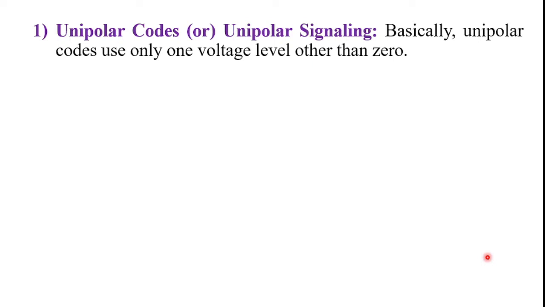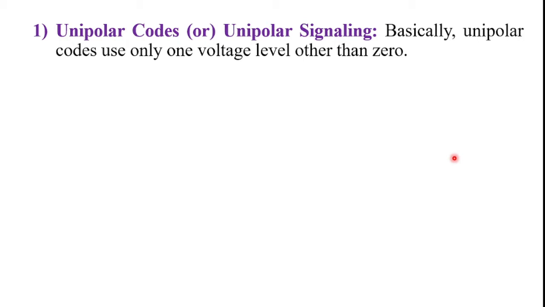Hence the encoded signal will have either a positive voltage value or 0 voltage value. So here it uses only positive voltage. That is the meaning of unipolar codes using only one voltage level other than 0.